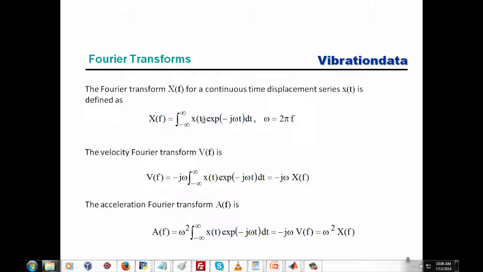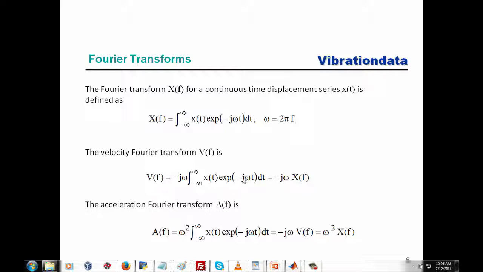Now, if we want to take the velocity, we can take the derivative. So let's just take the derivative, and when we do this, we get this minus j omega comes out in front of the integral. And this will give us our velocity Fourier transform. Or we could differentiate one more time, and then we could get the acceleration Fourier transform.